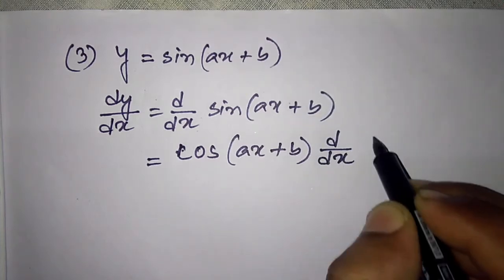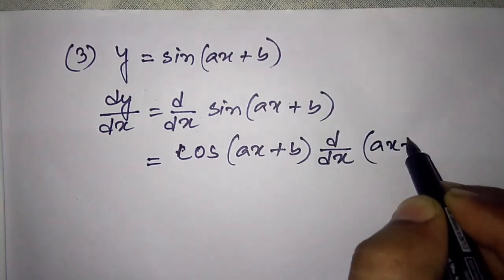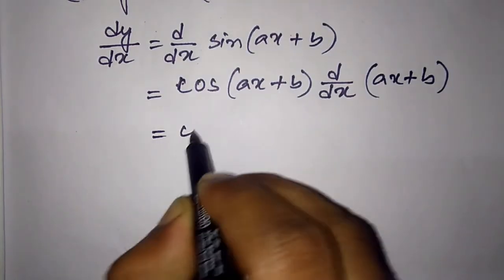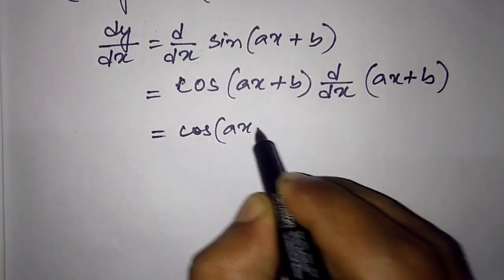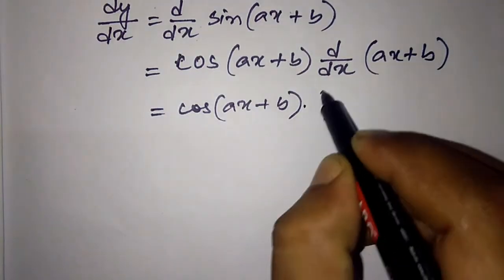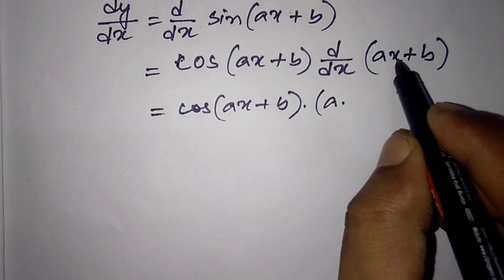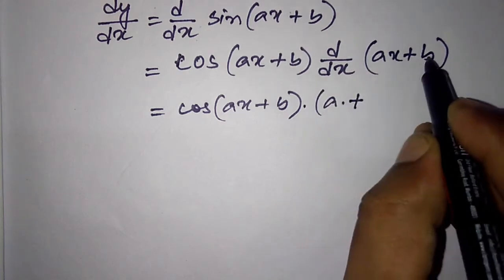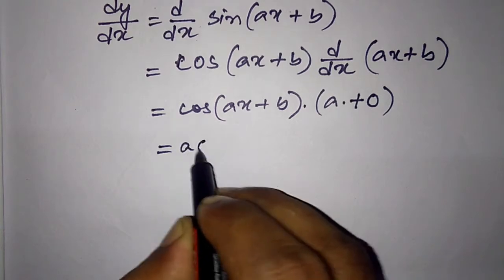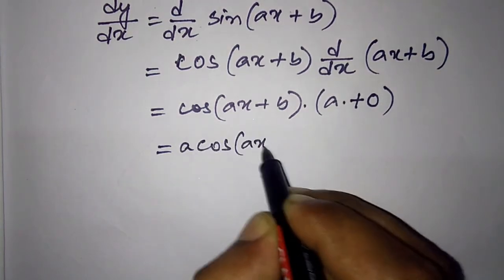We have to differentiate which function, which is ax plus b. Cos(ax plus b), the derivative of ax plus b is a, the x gives 1, plus b is 0, which is constant. So the answer is a cos(ax plus b).